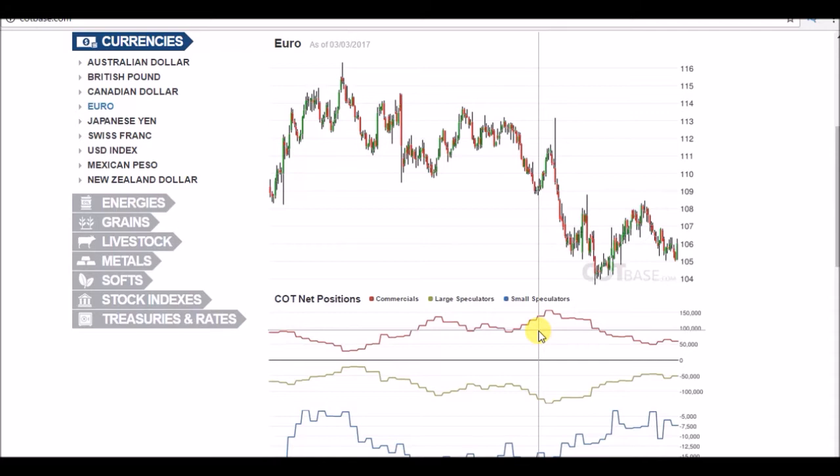You can see my crosshairs here, and you can notice by the positions that they take and the dips in this whether the commercials have had a long position on the Euro over 12 months, and the speculators have had a short position on the Euro.